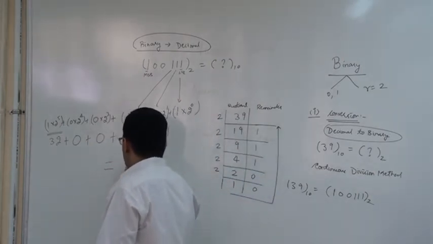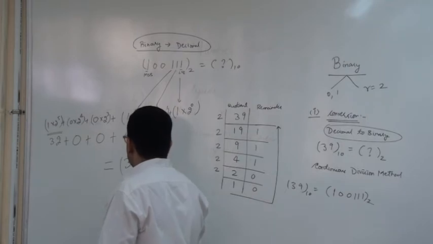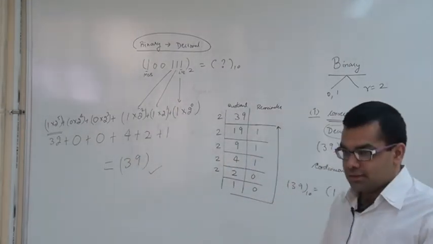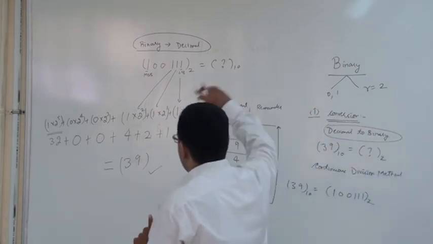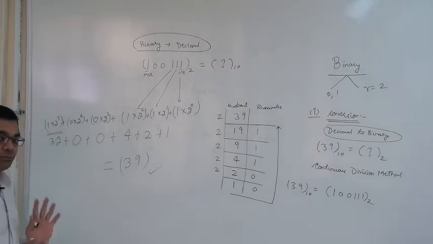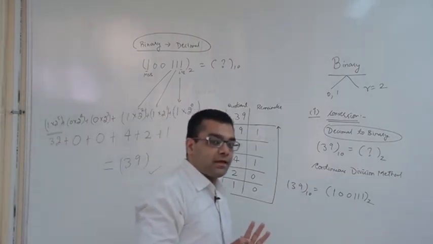So we add all this, we arrive at 39. If this agrees, from 39 to binary or the other way around. Clear?